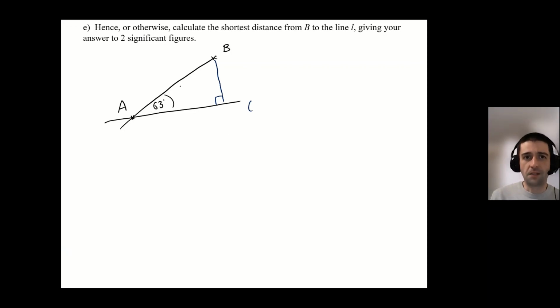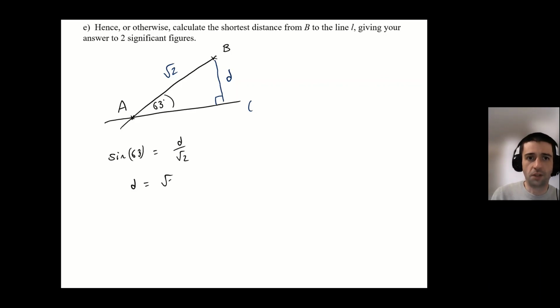Now in part B of this question, we worked out that the distance from A to B was root 2. And we're now trying to work out this distance here, which I'm going to label D. And you can probably see from this diagram that this is just a simple case of right-angled trig. So we have that sine 63 is equal to D, which is the opposite, over root 2.